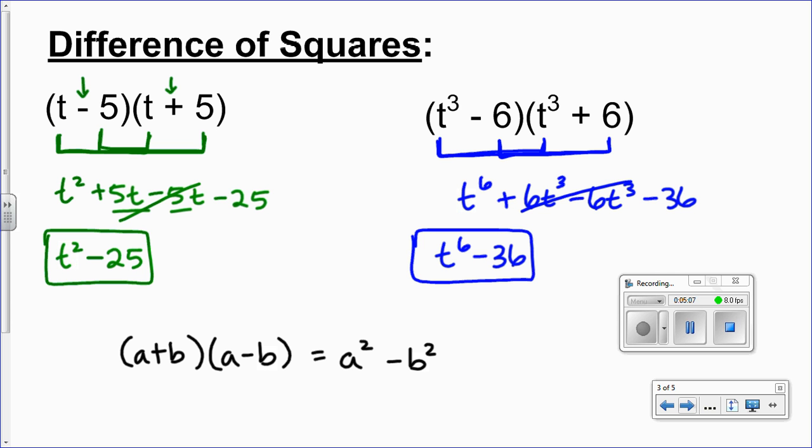So if I called t my a and 5 my b, my first one was t squared, and then negative b squared, negative 25. Again, there's not really a lot you have to know when you're multiplying these. Just note that your outer and inner will end up canceling.